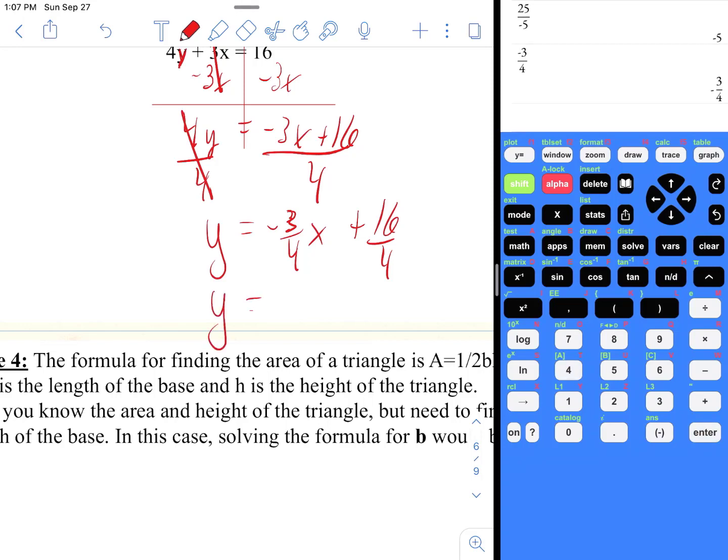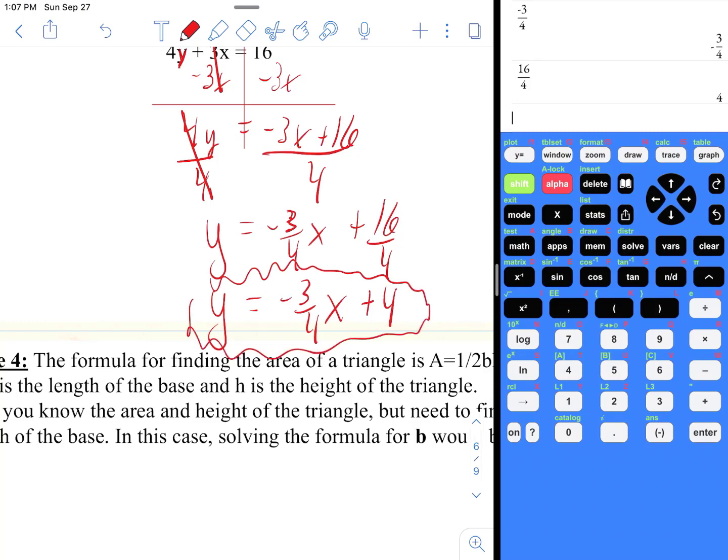So we have y equals negative 3 over 4. Don't forget to bring your x with you. If I type 16 divided by 4, I'm going to get a positive 4. So I'm going to put a plus 4 at the end of that. Our final answer is y equals negative 3/4 x plus 4.